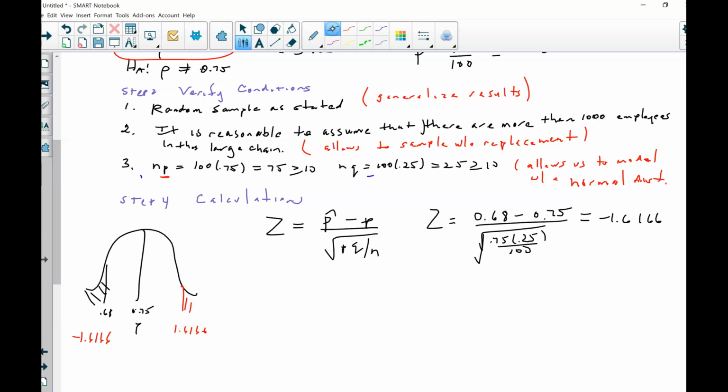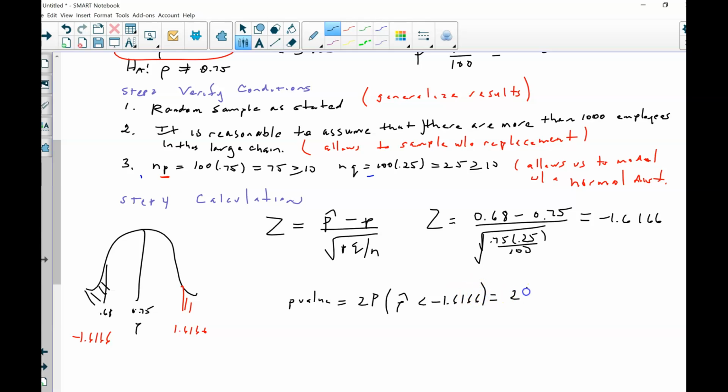And so the p-value is going to be twice the probability that our p hat in this case is less than negative 1.6166.